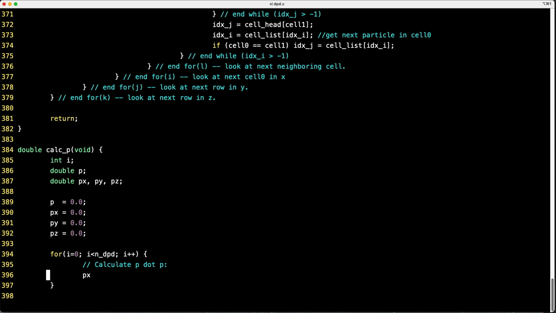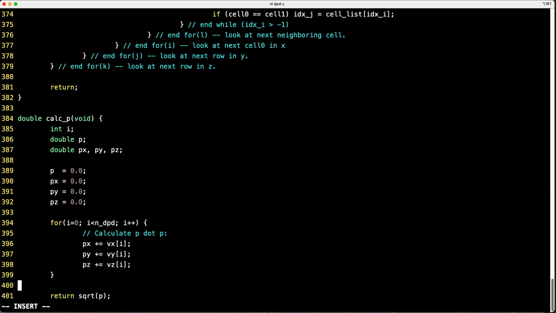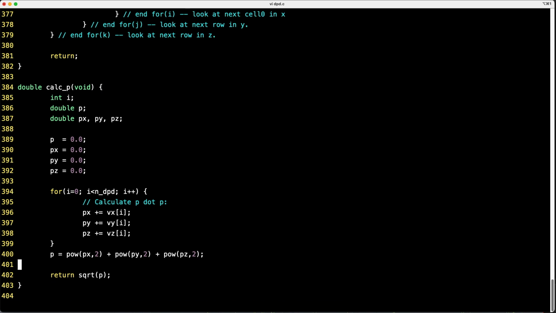And then let's add vxi, vyi, vzi. So now we add the components, and now there's the potential for this vector to be 0. And so we'll get the magnitude of this vector. So let's see, px squared plus py squared plus pz squared. And we will return the square root like before. So I suspect that this will give us 0 for the net momentum.